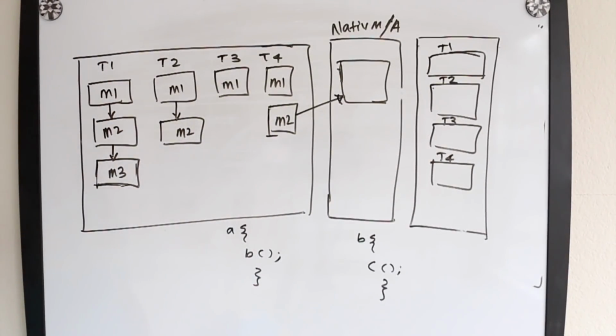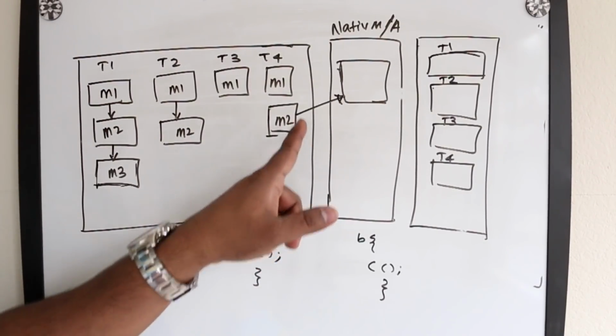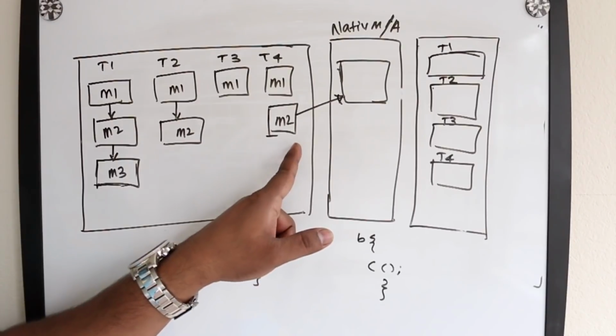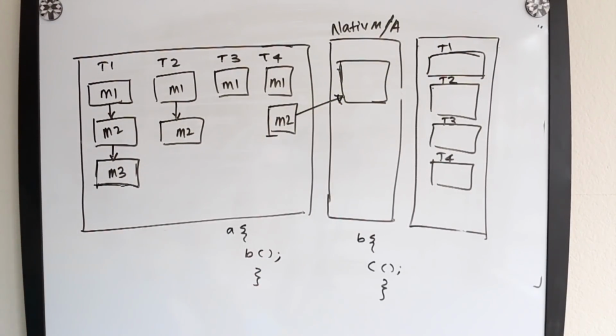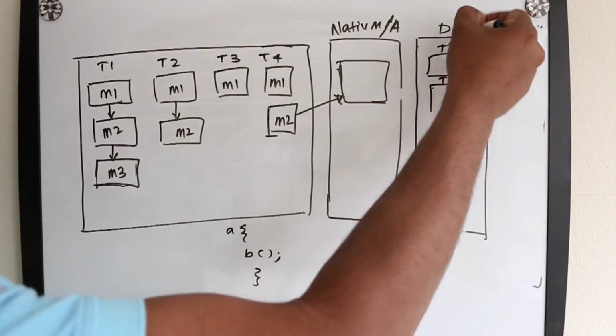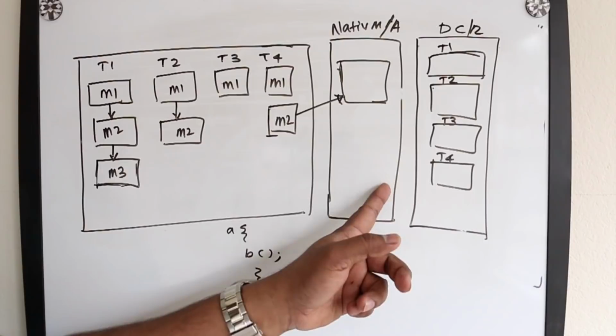Now you can see that the T4 thread is accessing native methods, but our PC register is supposed to hold information about Java methods, not native methods.